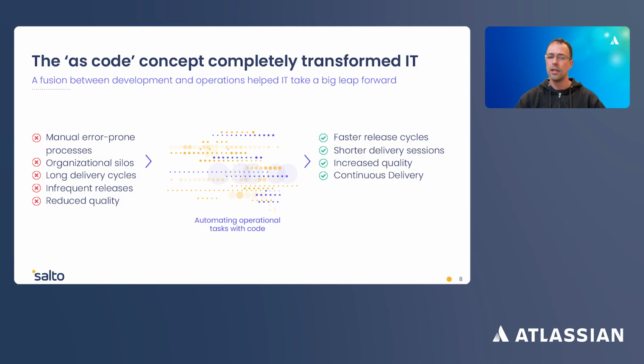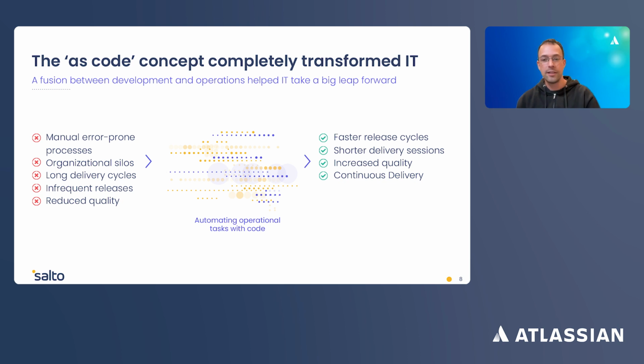And those challenges were addressed by using automations and basically treating those assets as code. And the as-code concept was born, and it completely transformed IT. And today it's a key part of what we consider as modern DevOps practices.